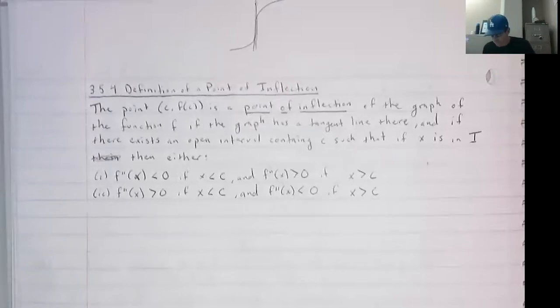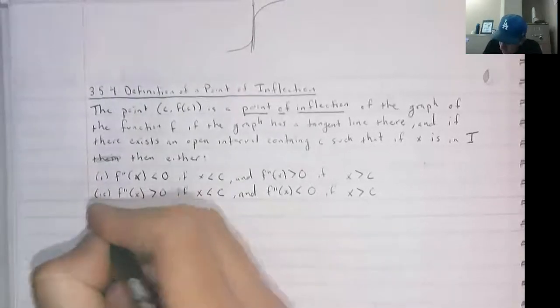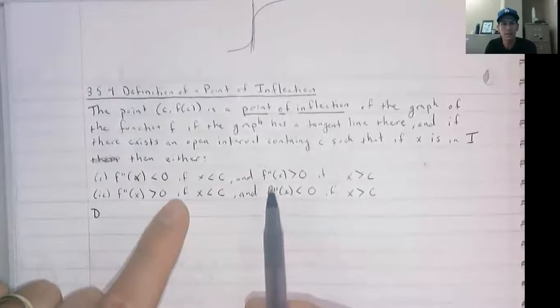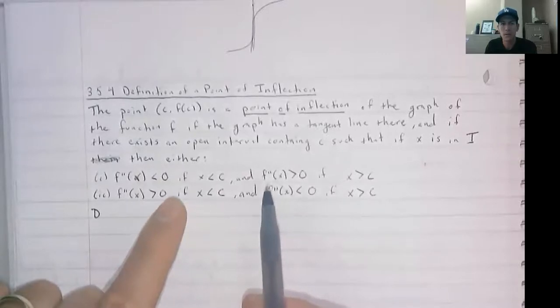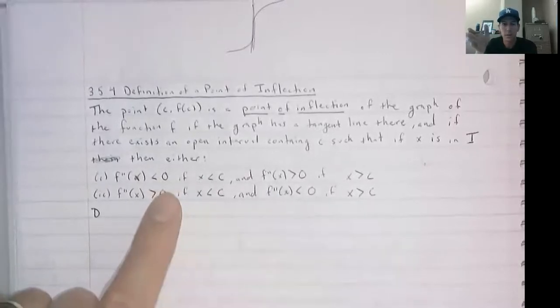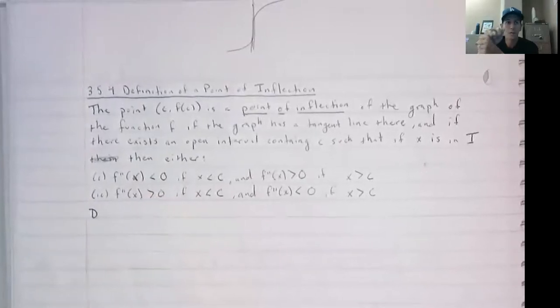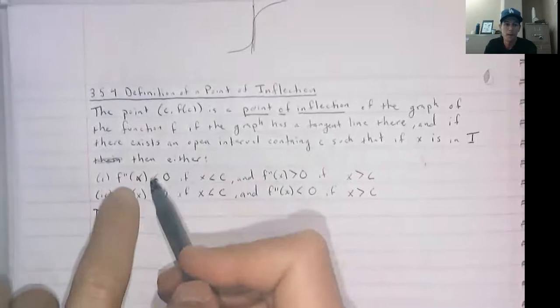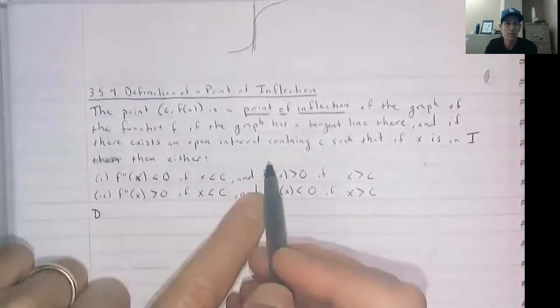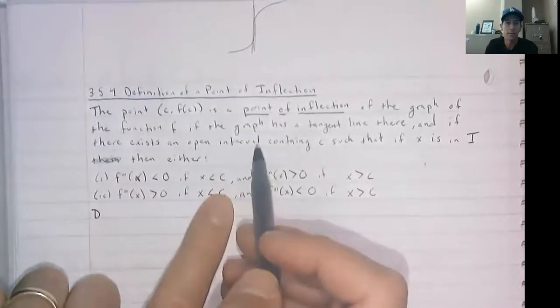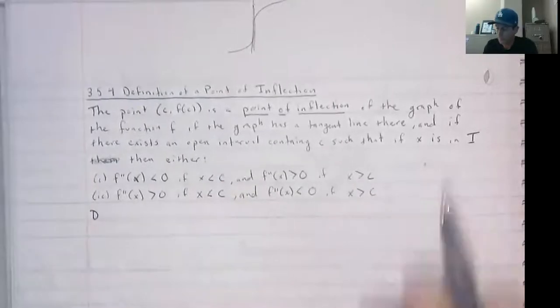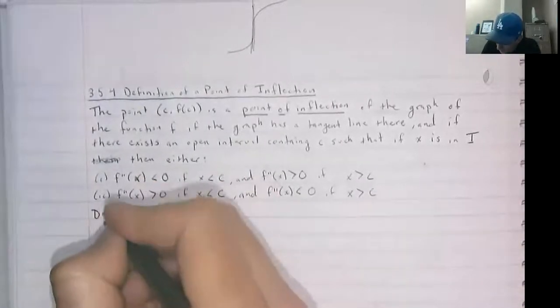So that definition for dummies, because that was kind of a lot, but it's kind of easy. It just says there's (c, f(c)). If at that point you have a change from a negative to a positive second derivative, or vice versa, that's a point of inflection. Cool.